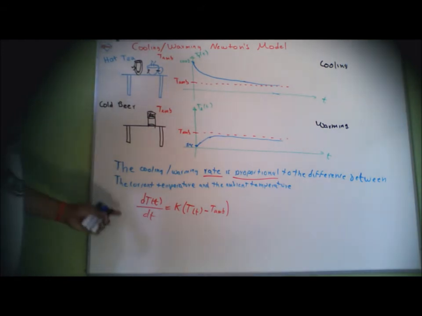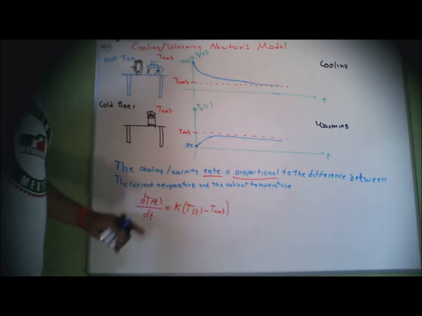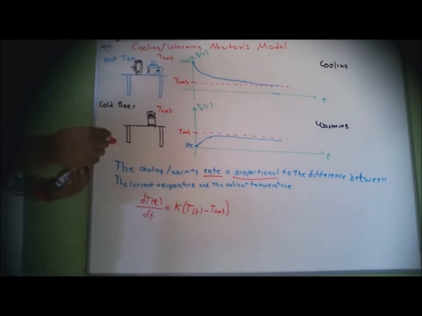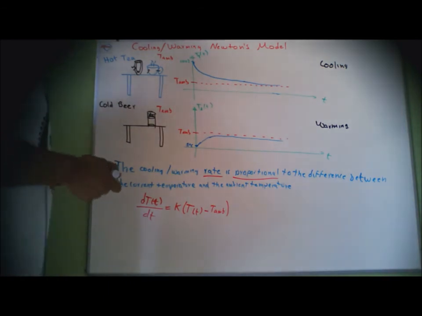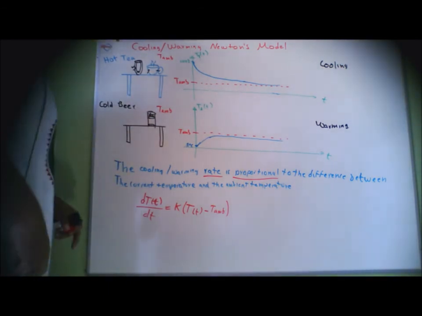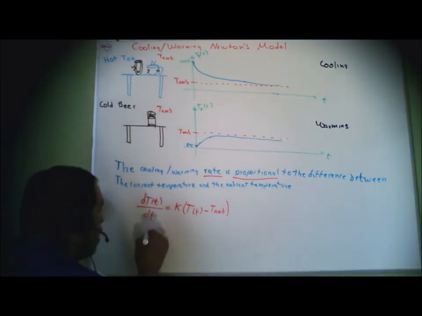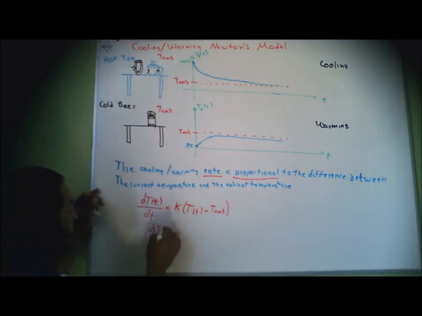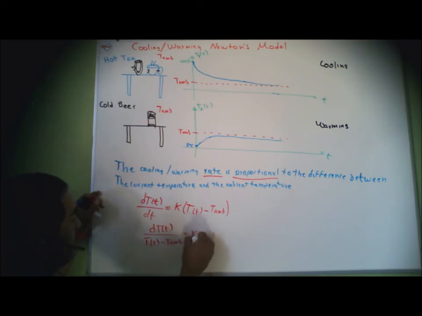Again, you don't have to solve the differential equation every time, you can just work with the final solution for the problems. So again, this is a variable separable differential equation. I'm going to take the differential of the temperature divided by T of t minus T ambient, equal to k differential of t. Because it is variable separable, we can apply the integrals.